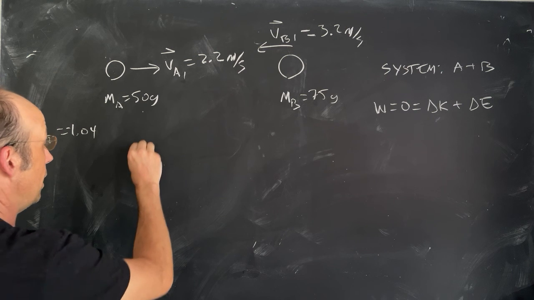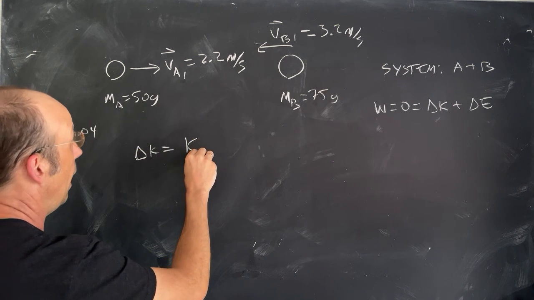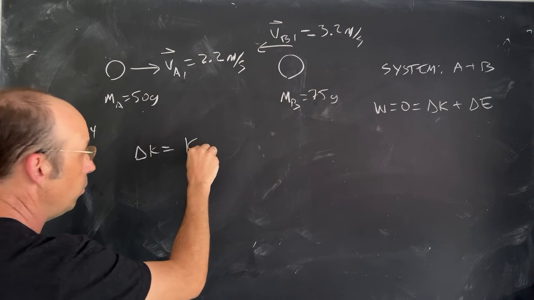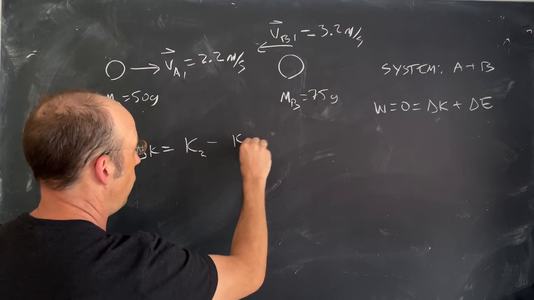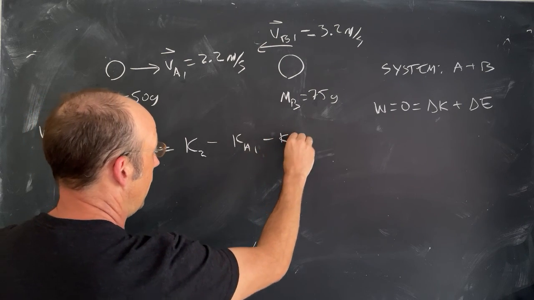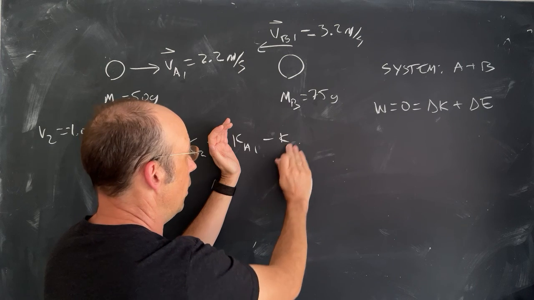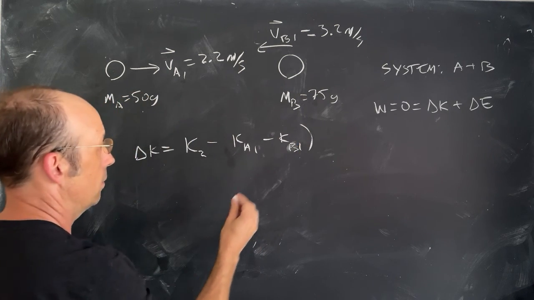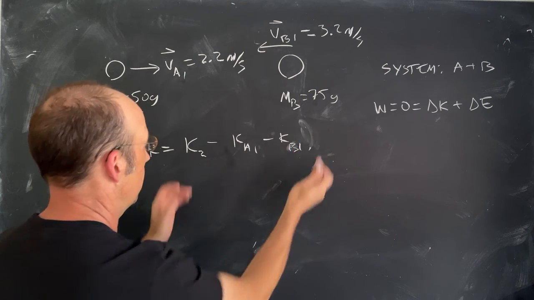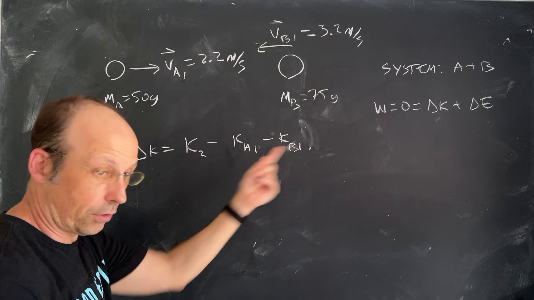So the change in kinetic energy is going to be K2, there's only one object, minus Ka1 minus Kb1. These are the initial kinetic energies. I'm subtracting them from the final, so it's final minus initial.